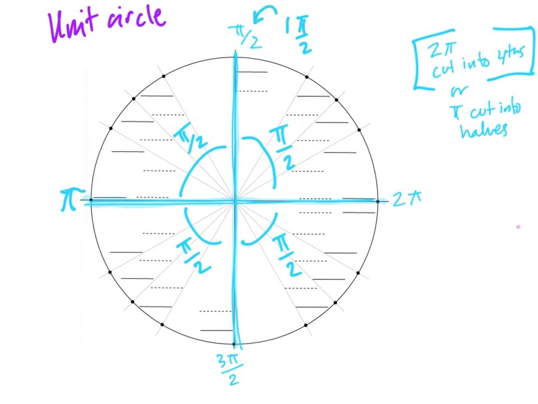And then this is 2 pi's over 2, which is just pi. Here I have 3 pi's over 2 when we leave it as a fraction. And then this is the fourth, right? So I have 1, 2, 3, 4. So 4 pi over 2 is equivalent to that 2 pi. So that's what's happening for our pi over 2's.